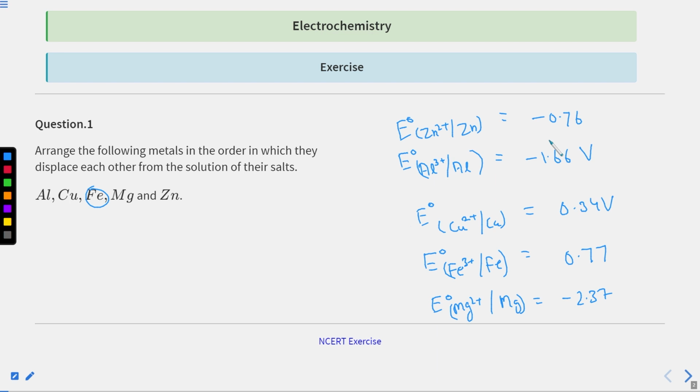Is it clear? Now, the one which has a greater reduction value will have the smallest oxidation value, and it will be displacing the salt in the least way. Means it has the least tendency to replace the salt. So what do we have to arrange? The order we need is the one with the greater oxidation potential.